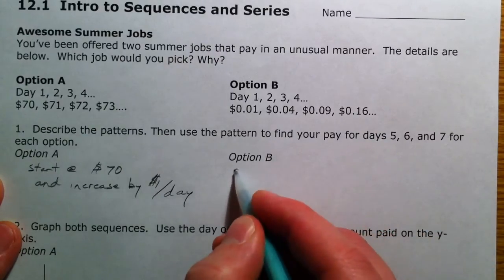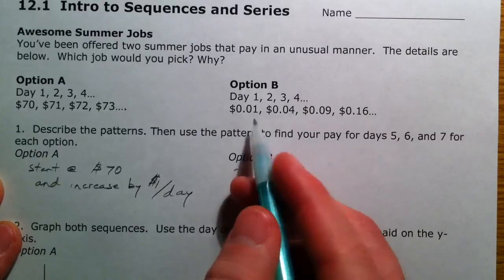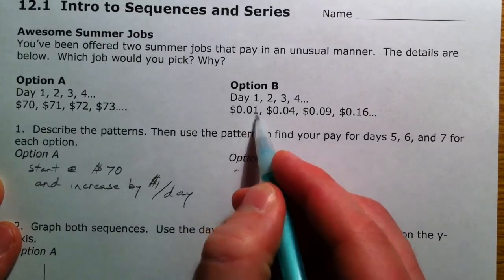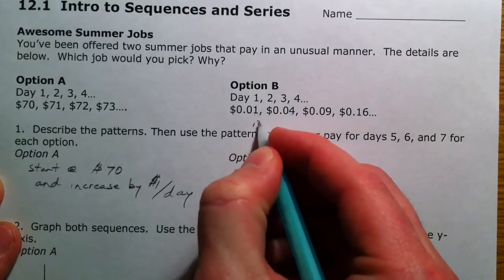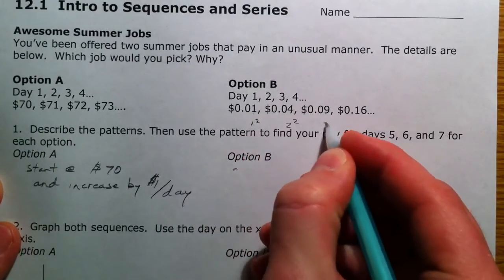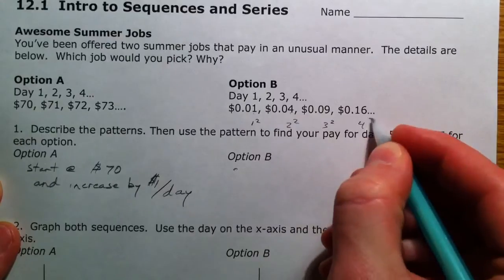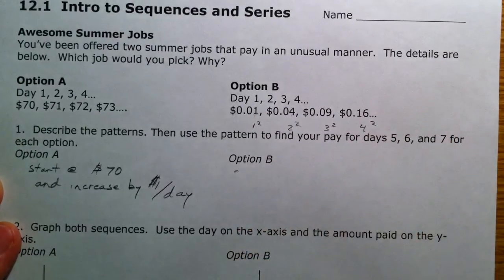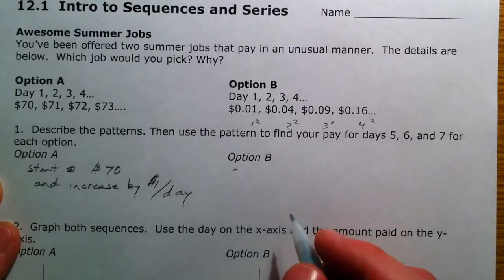But so you start at 1 cent, but then think of it as 1 squared, 2 squared, 3 squared, 4 squared. So you have to start noticing 1, 4, 9, 16. You have to recognize those as the pattern.